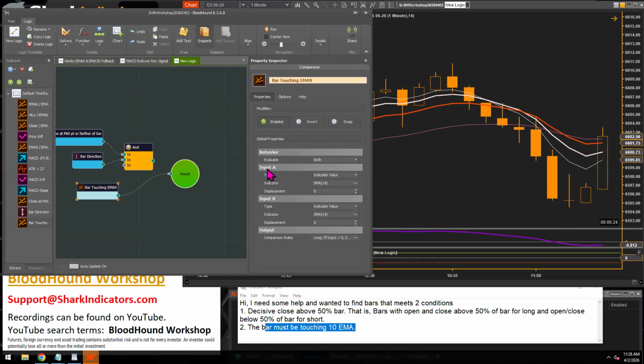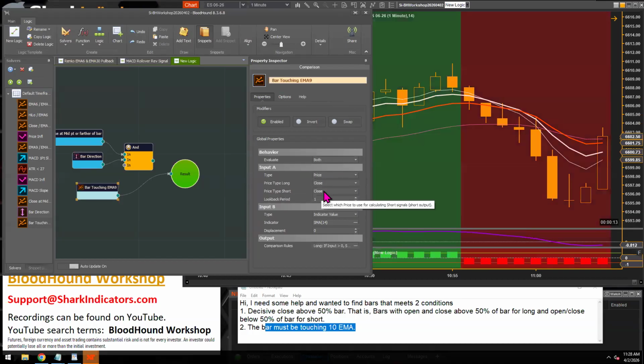All right. So when you want to identify when a bar is touching a moving average, input A is going to be price. We want the high price to be above your moving average, and then we want the low price to be below.